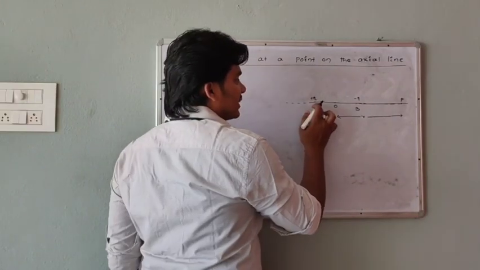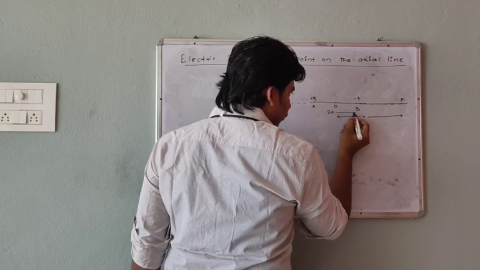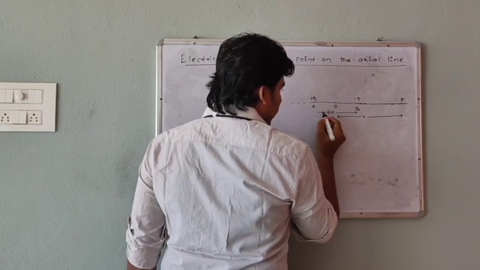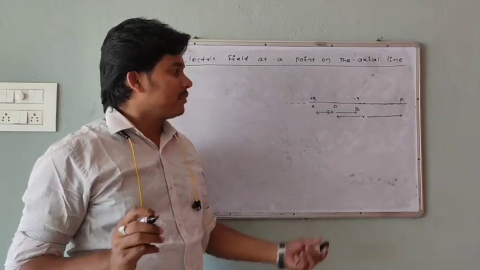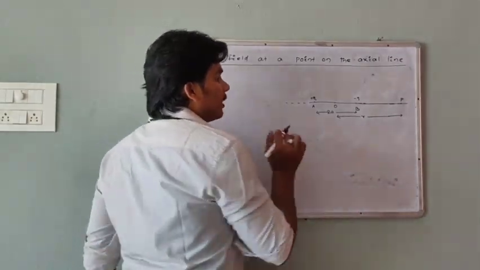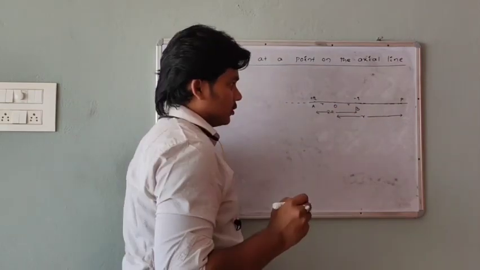The separation distance between the two charges, let's take as 2a for my convenience, rather than d. Now this is the r distance.